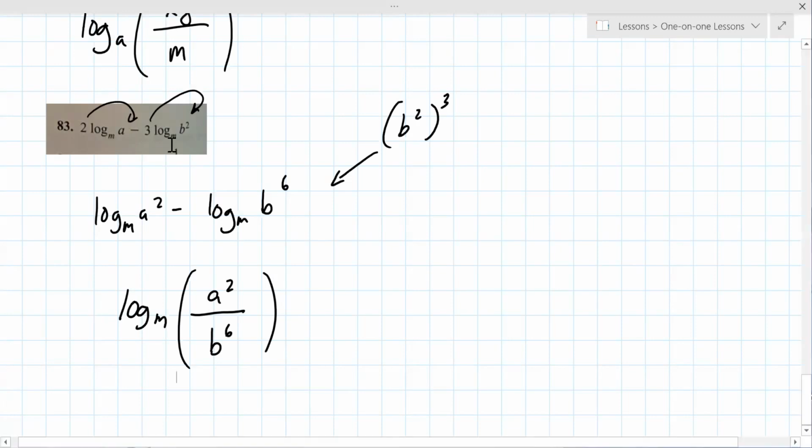All right. Next is number 89. This one's pretty straightforward. Try this one on your own.